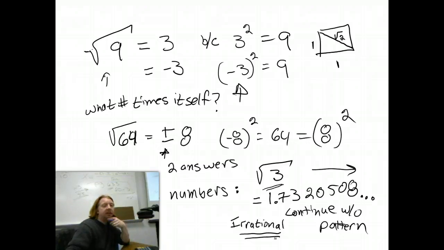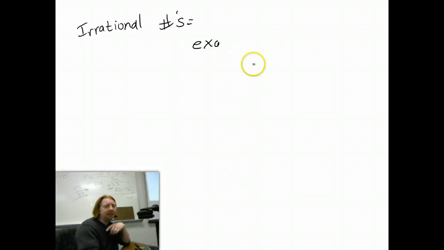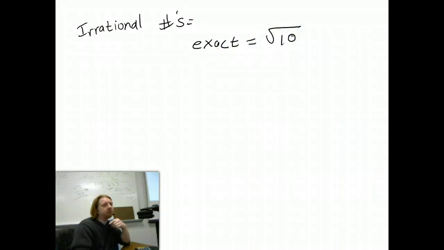Okay. So irrational numbers are these decimals that continue indefinitely. I want to write one more thing about them down. A word about irrationals. If I ask for an exact answer, that's something like the square root of 10.